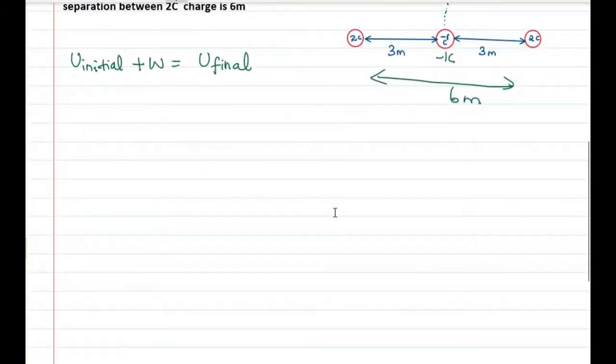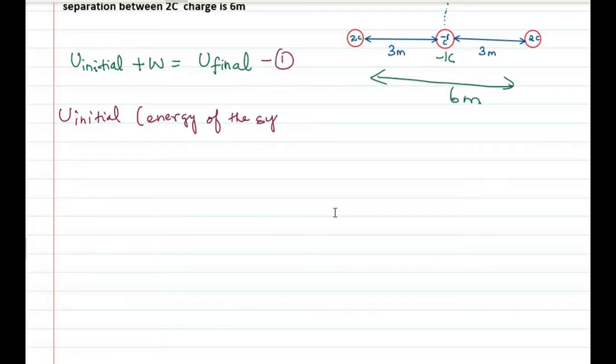So what is U initial? Let it be U1, the energy of the entire system. It will be the energy between the 2 coulomb charge and the minus 1 coulomb charge, the energy between the minus 1 coulomb and the other 2 coulomb, and the energy between both the 2 coulombs.